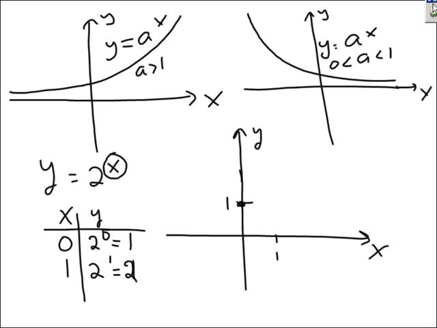When x is 1, I go up 2. Now, either I am going to draw something that looks like this, or I'm going to draw something that looks like that. And if I'm going to hit those 2 points, it's going to be that. That is, there's your graph, 2 points.